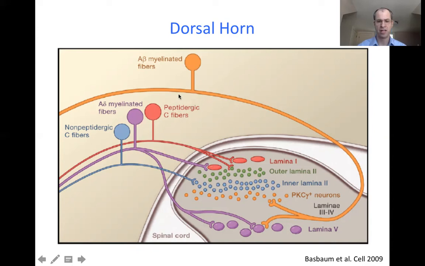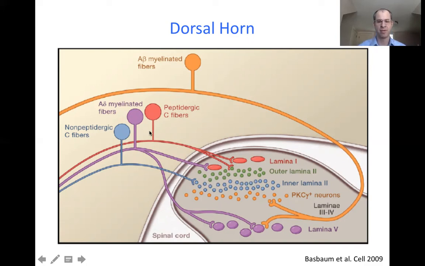And what you can see is these different fiber types project to different regions in the dorsal spinal cord. So for example, the peptidergic C fibers project primarily to lamina 2, whereas the non-peptidergic C fibers project somewhat deeper into the inner lamina 2.